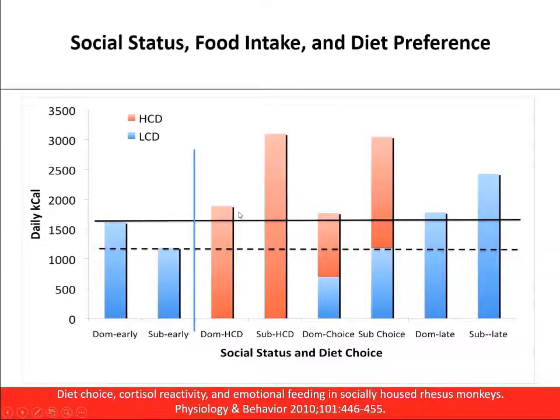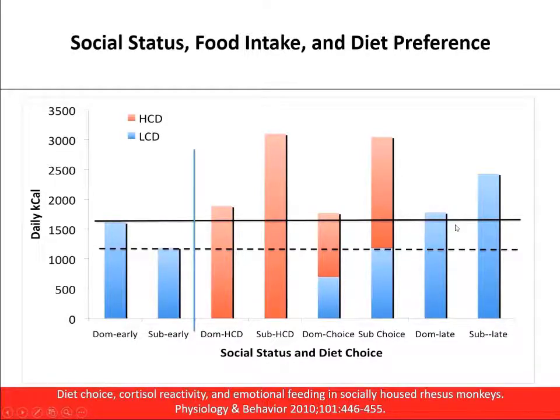And when the food is actually high sugar, high fat food, the subordinated monkeys actually try to binge and overeat. The dominant monkeys, who can more or less eat when they want, don't seem to be as motivated to overeat. And then when you give them a choice, that doesn't actually make the situation any better. And the subordinated monkeys actually will still try to overeat.